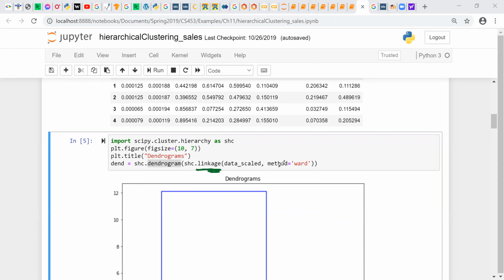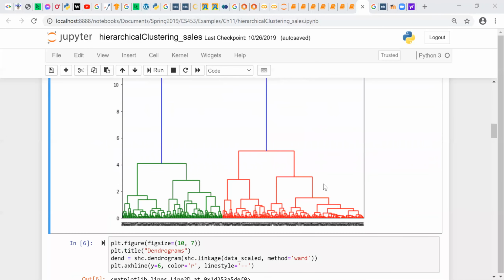The linkage this time uses the normalized data, and the method is we pick the Ward linkage. So remember this is Ward linkage. We have single linkage, we have complete linkage, and this is a little bit more complicated. Anyway, we choose this Ward linkage, and it gives us the data.